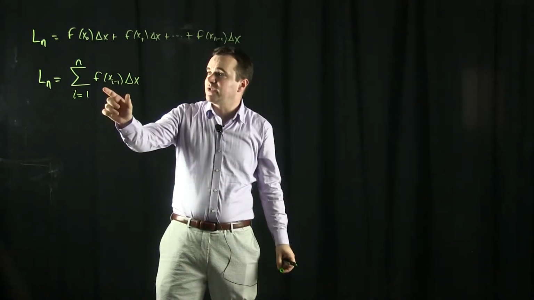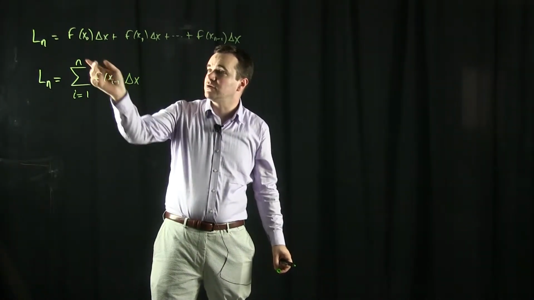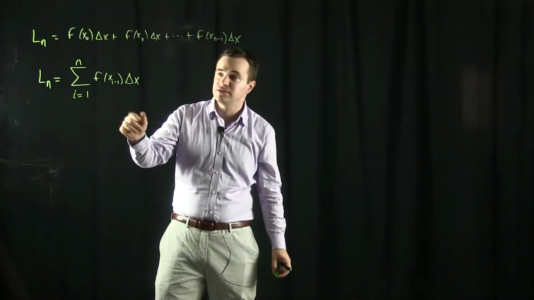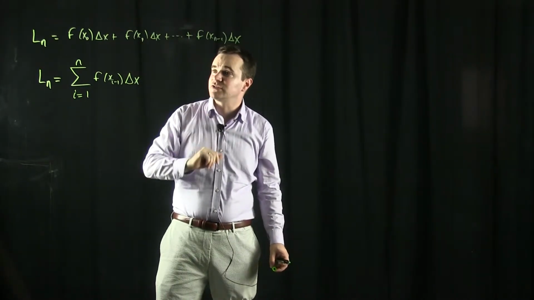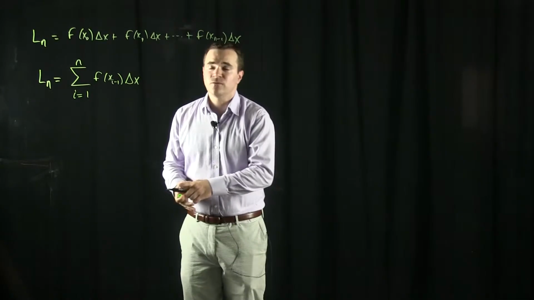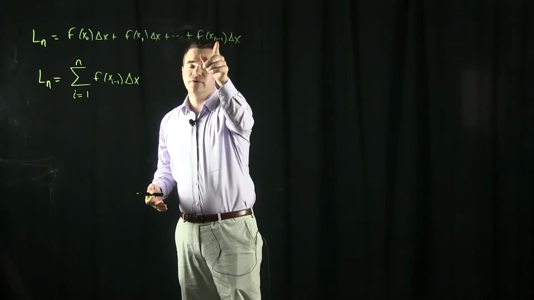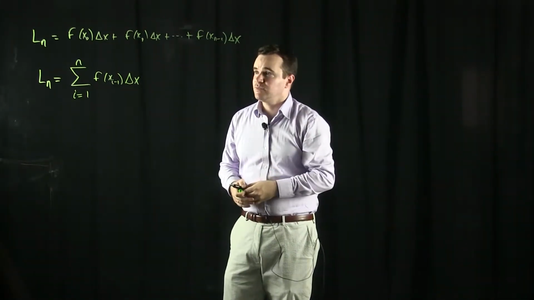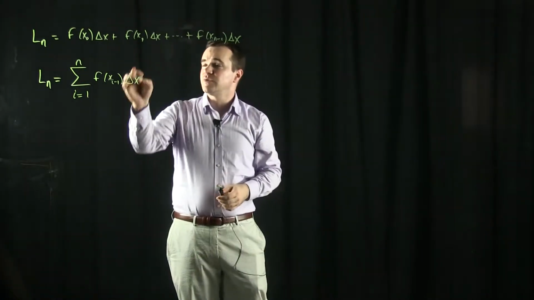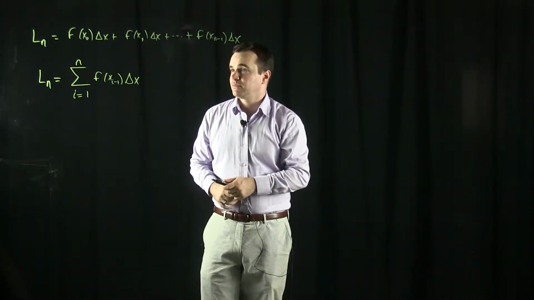You start by plugging in i equals 1 to get f of x0 times delta x. Then you add i equals 2 to get f of x1, and so on, and you stop when i is equal to n, ending with f of x n minus 1. So these two expressions are exactly equal.